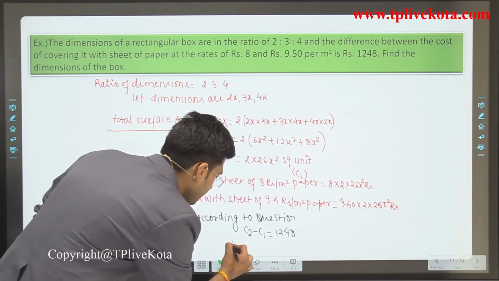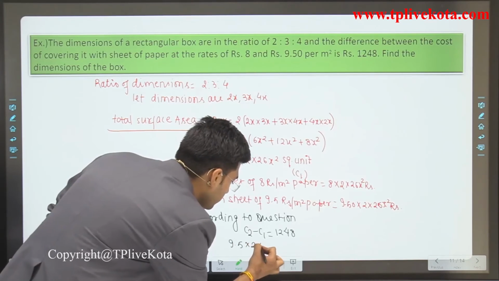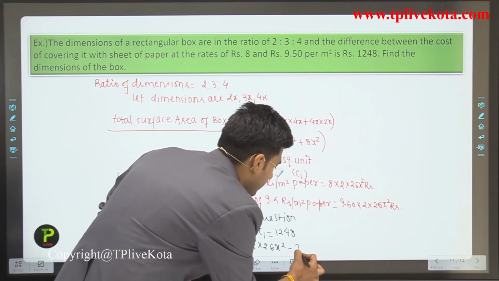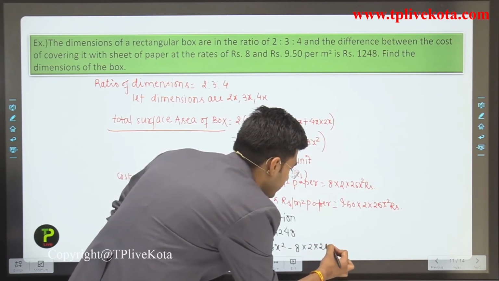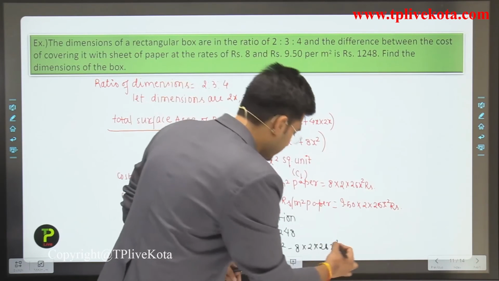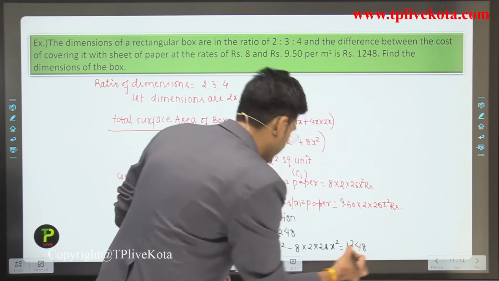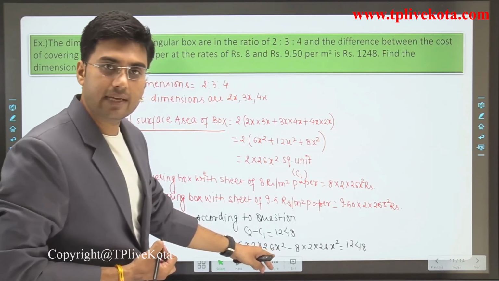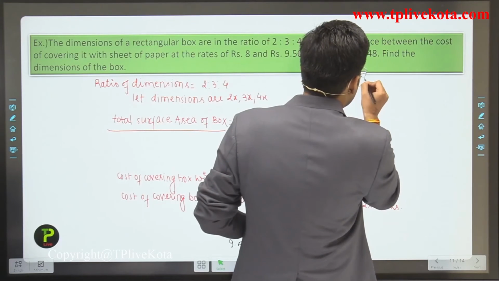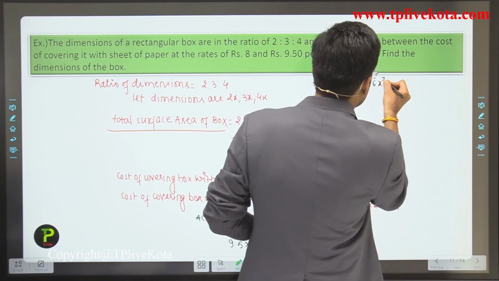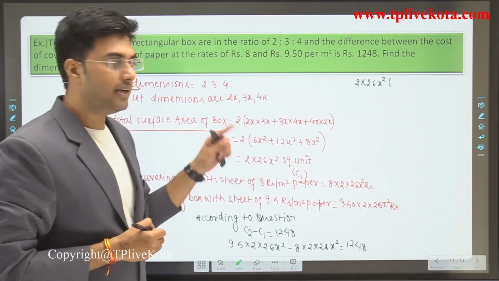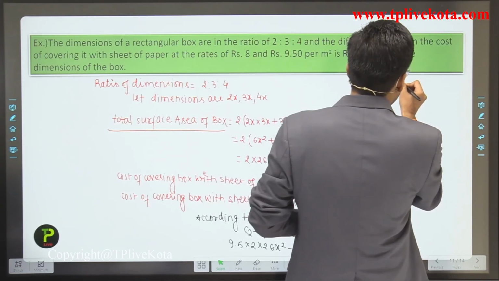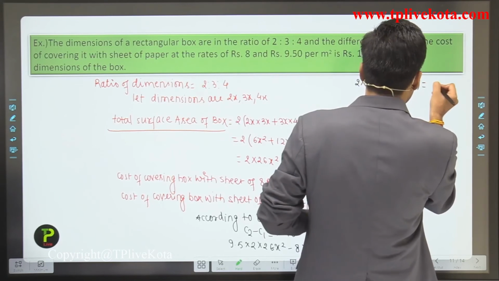So we can write 9.5 multiplied by 2 multiplied by 26x square minus 8 multiplied by 2 multiplied by 26x square is nothing but 1248. Now we can take 2 multiplied by 26x square common, and when we take it common, then what will we get? 9.5 minus 8 is equal to 1248.